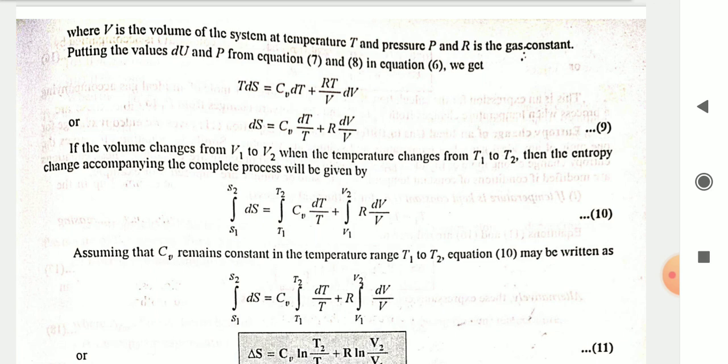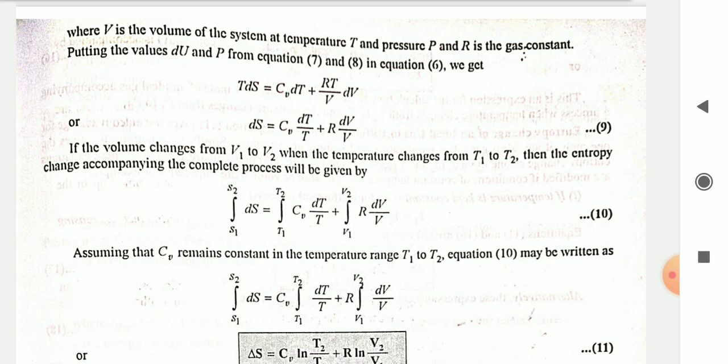Consider equation 9. If the volume changes from V1 to V2 when the temperature changes from T1 to T2, then the entropy change accompanying the complete process will be given by the integral of dS from S1 to S2 is equal to Cv times the integral of dT upon T from T1 to T2 plus R times the integral of dV upon V from V1 to V2. Consider equation 10.